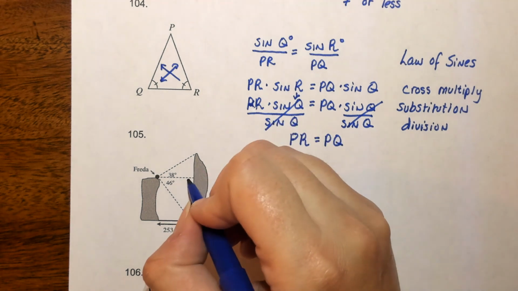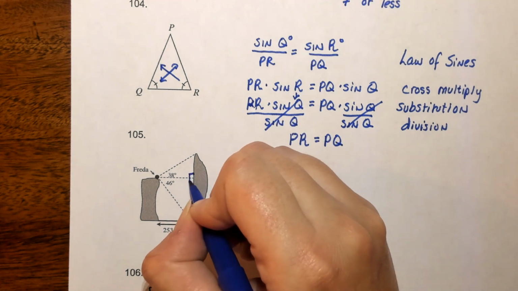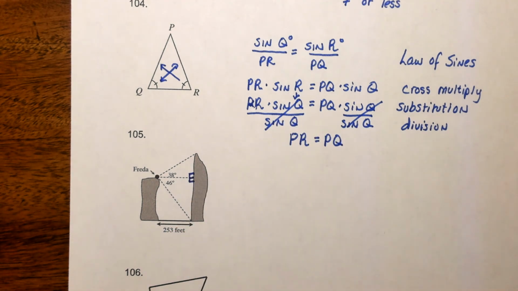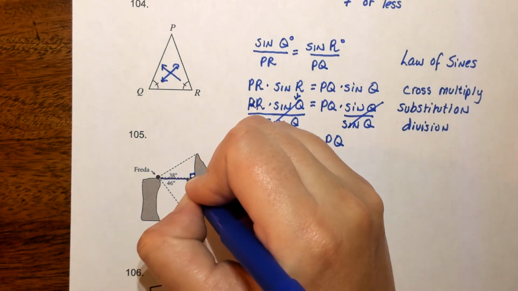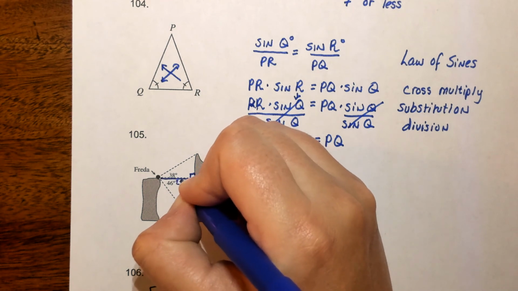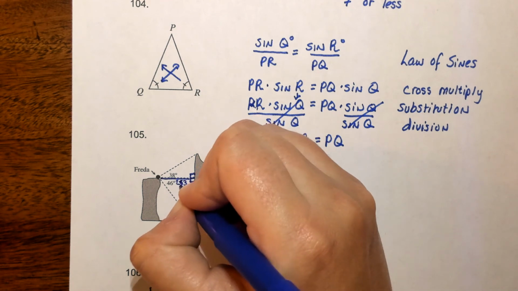Okay, so what we're going to do is estimate that to be a right angle. And if this is 253, then this is also 253.